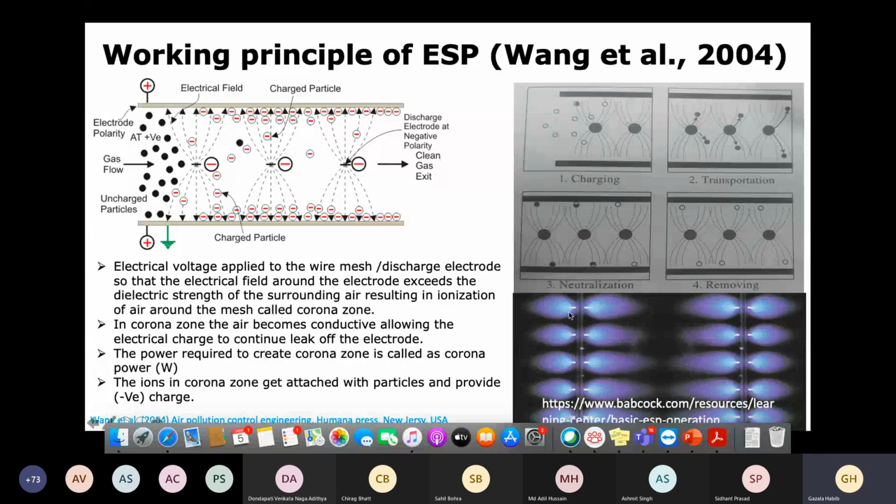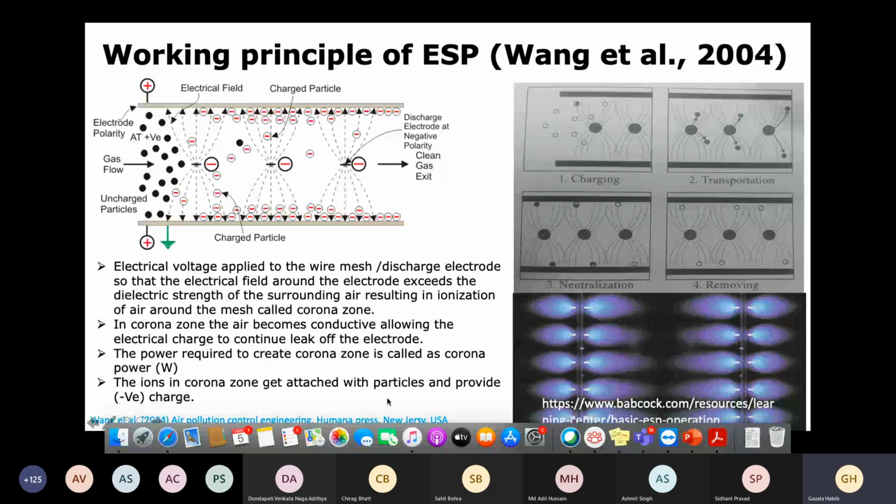This is called the corona zone, where ions are present around the wire mesh, and because of that there is a light in that zone. This zone is called the corona zone, and this process is called the ionization process. Due to ionization of gas molecules, there are two types of particle charging mechanism.